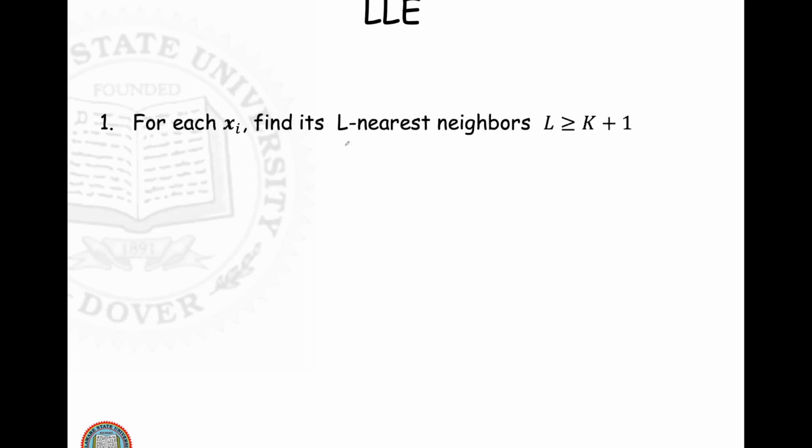So the first thing we're going to do is find the nearest neighbors for each data point. We're going to use the k-nearest neighbor algorithm, and we're going to find the L nearest neighbors, but our requirement is that the number of neighbors, the neighborhood size, has to be greater than the dimensionality in the reduced representation. Now, the reason for that is as follows.